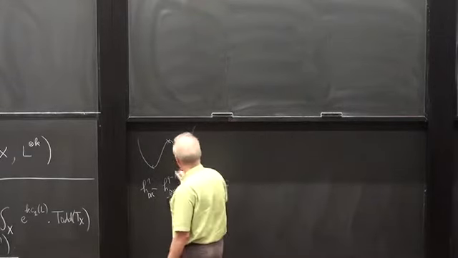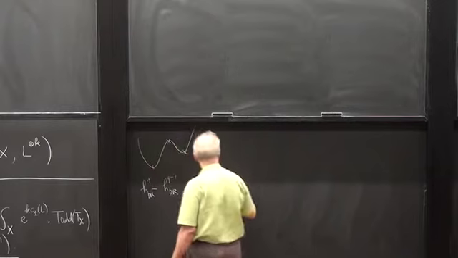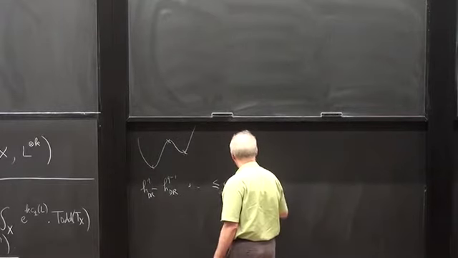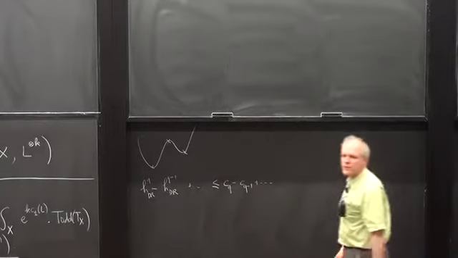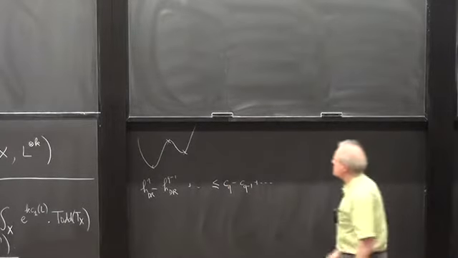So you look at the critical points of various indices, and then you have such an inequality in terms of the number of critical points of any index.